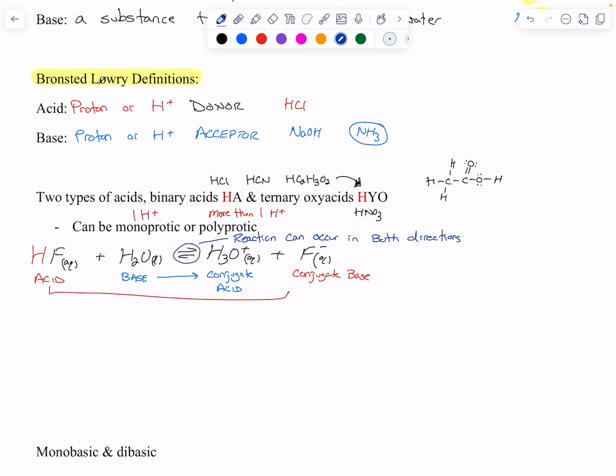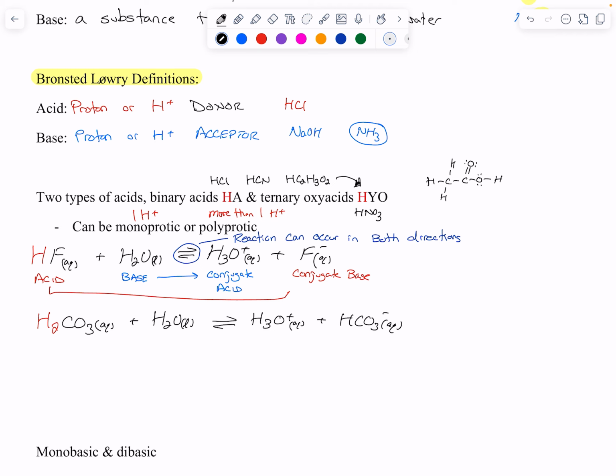Now, a polyprotic situation, if you had H2CO3 plus H2O liquid, going to H3O plus and HCO3 minus.